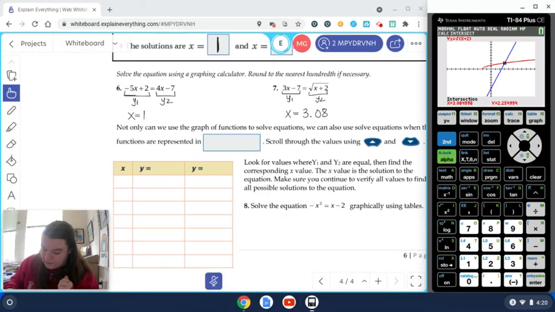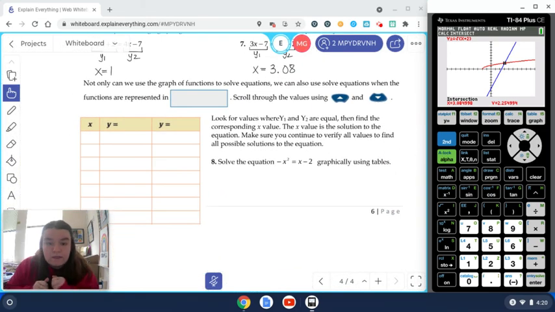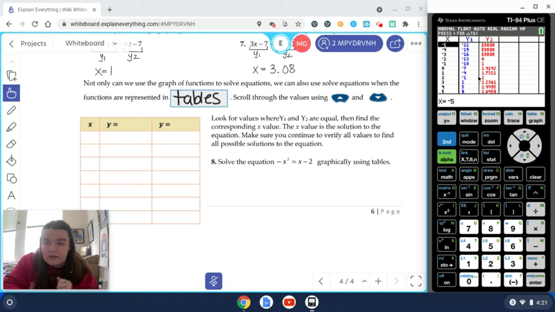One more example here. Not only can we use the graph of functions to solve equations, we can also solve equations when the functions are represented in tables. So we are going to look through the tables, which you can hit table right here, the same as graph, but it's in blue, so you have to hit second first, second table, and you can see all of these x values and the y values.